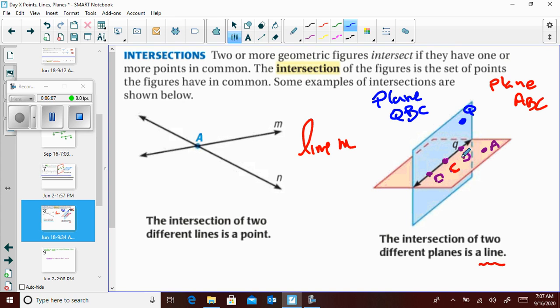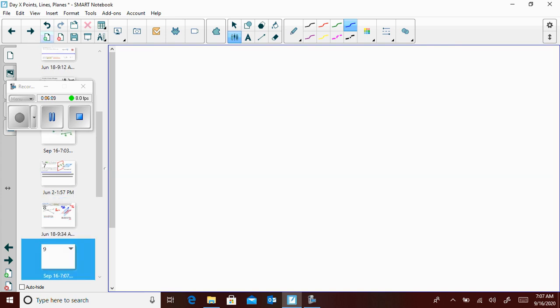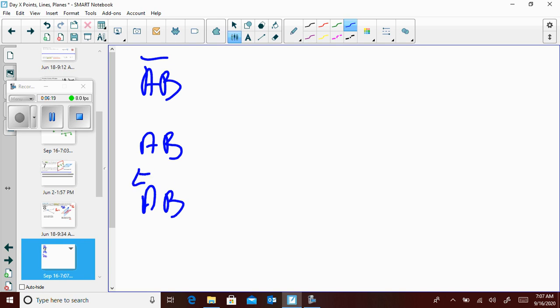So that's what we have. Those are our basics. So if we review, we have segment AB, the length of segment AB, line AB, ray AB. Okay.